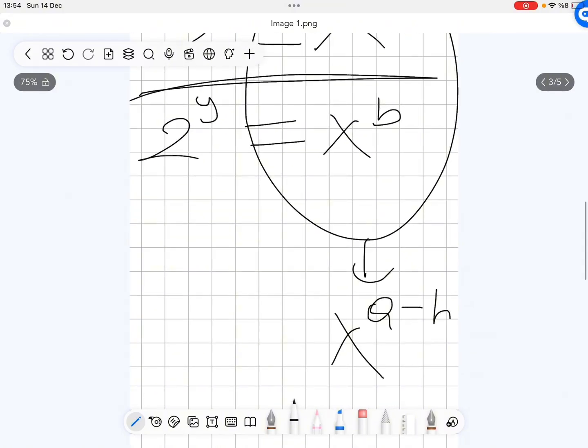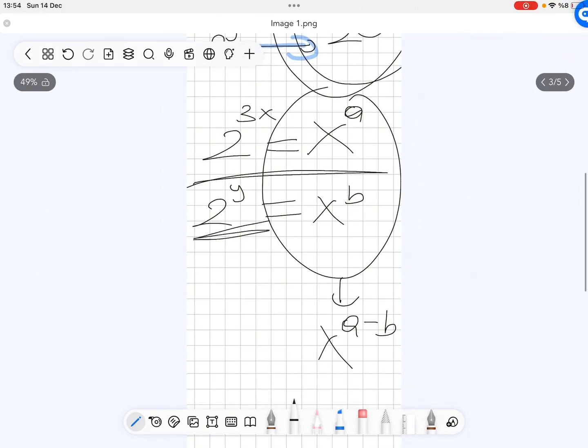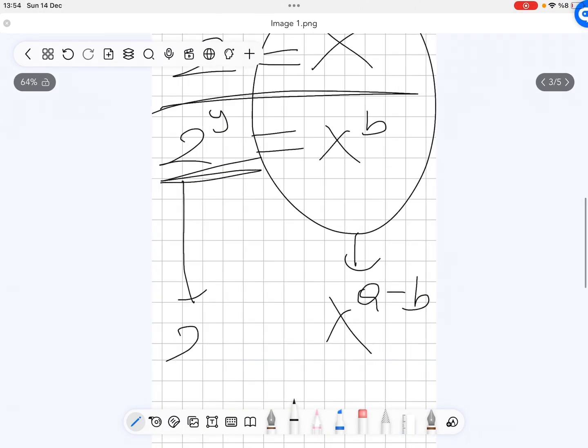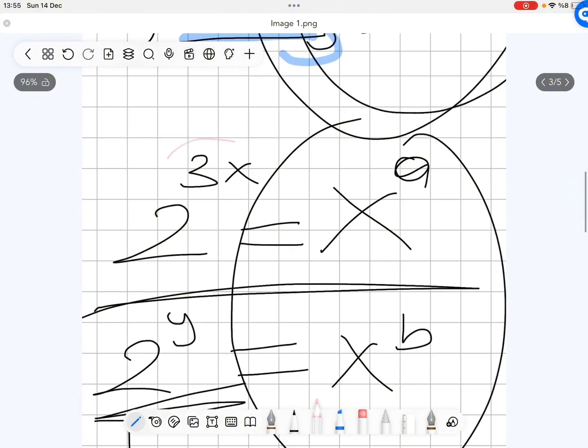So we are going to use the same expression. I'm going to do 2 to the power of 3x minus y. The 3x and a don't change a bit.